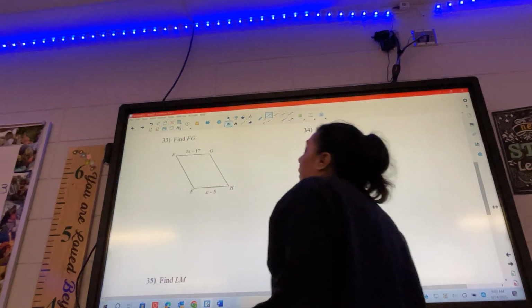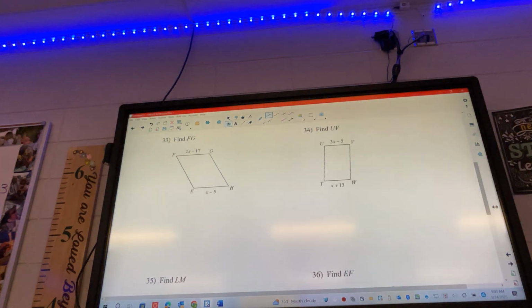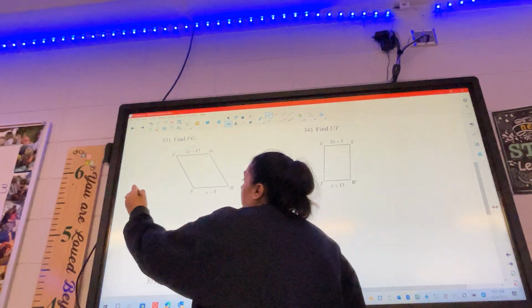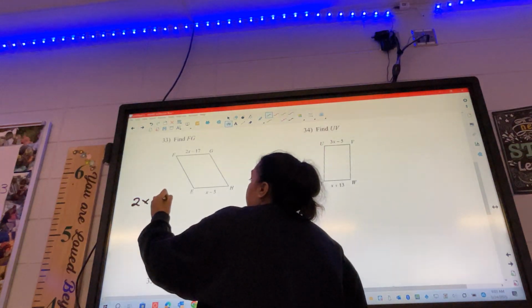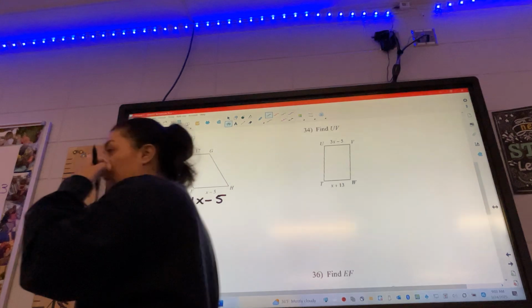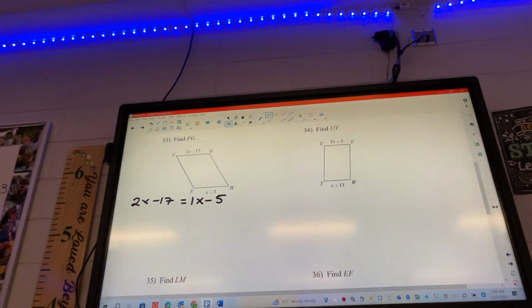On this one, it does not matter which I set first, but we definitely want to make sure both sides have two pieces each. One with a letter, one with a number, one with a letter, one with a number. So we got 2x minus 17 equals 1x minus 5. We move our letters to the left and the numbers to the right.